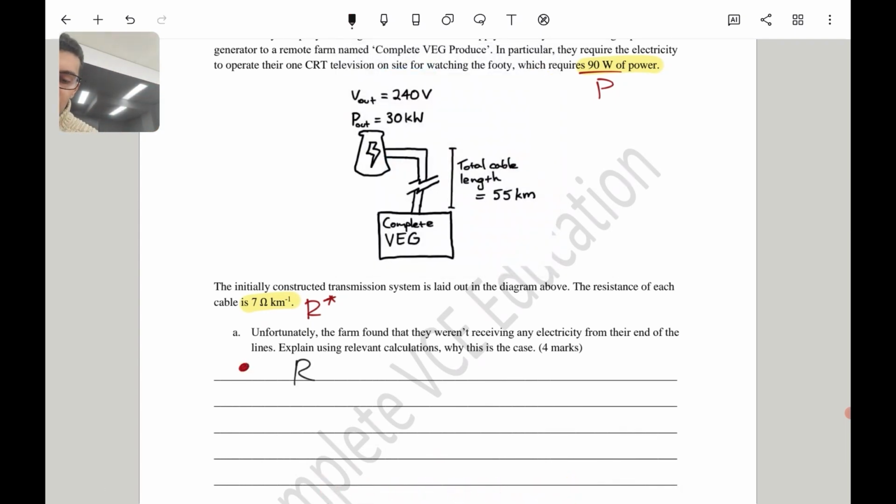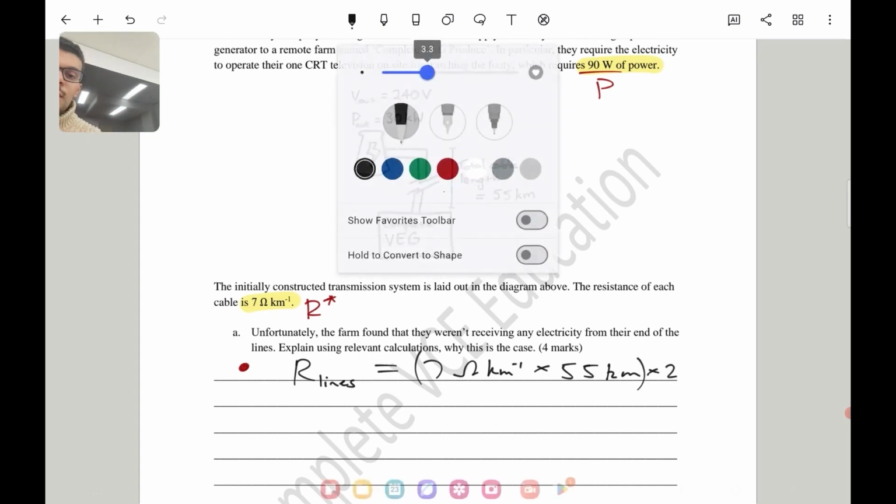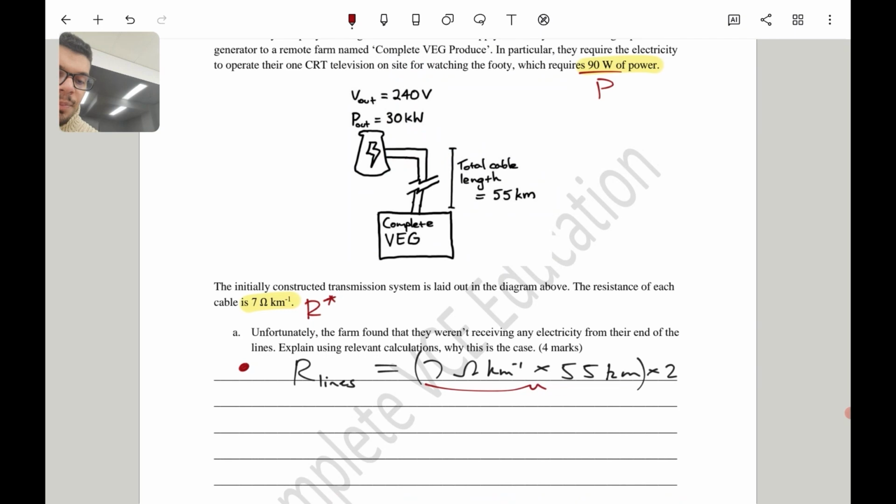So the total resistance here, guys, of the lines is going to be equal to 7 ohms per kilometer times 55 kilometers times 2. 7 times 55 is just the resistance of one wire, one total length of the wire.